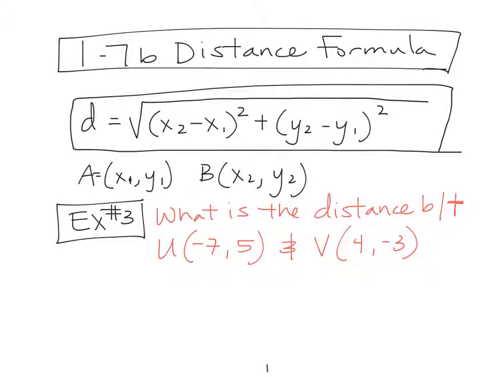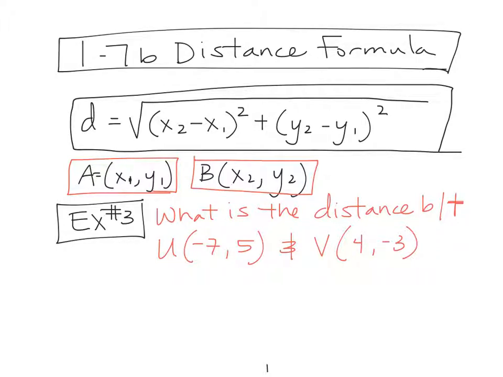What's the distance? My biggest piece of advice to you, and this is huge, otherwise people do it wrong, is label what you have. Like I said up here, A is your x1, y1, B is your x2, y2. You need to label an x1, y1 and an x2, y2.